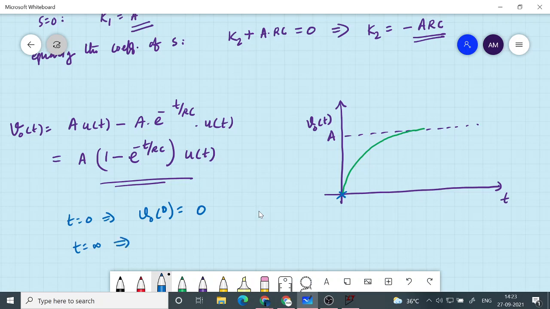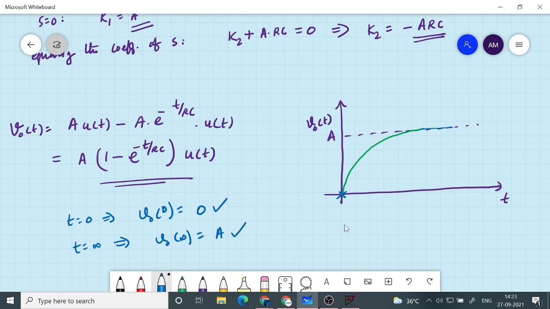So V0 of infinity, at very large values of t, this exponential will be e raised to minus infinity, that goes to 0, and you will get it as A. So that also matches. At very large value it is going to A, so this is matching and this is also matching.